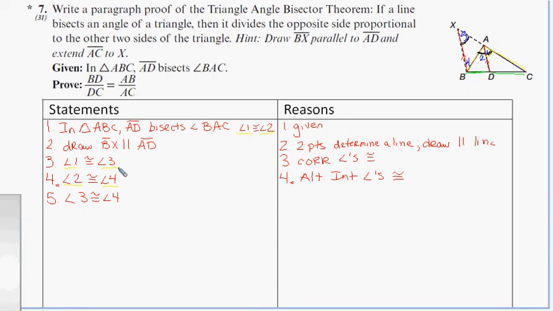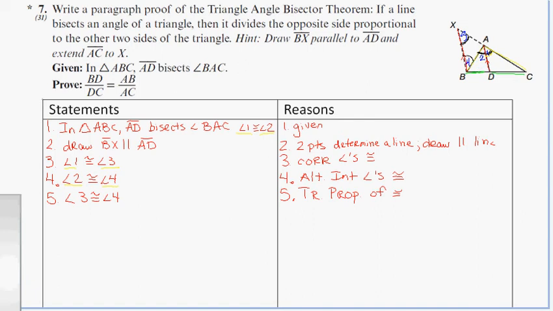So that's how we're saying that angle 4 and angle 3 are congruent to each other. So we use the transitive property multiple times to get from angle 3 is congruent to angle 4. So transitive property of congruence here, all right? So if angle 3 and angle 4 are congruent to each other, let's go ahead and mark that. Now, do you see that we have an isosceles triangle?